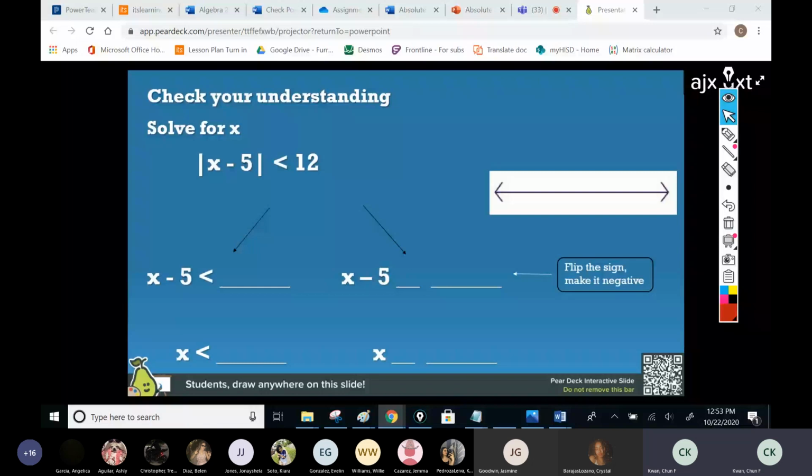So flip the sign, make the number negative. And also don't mess with the +5 right now, it's too soon. Greater than -12.